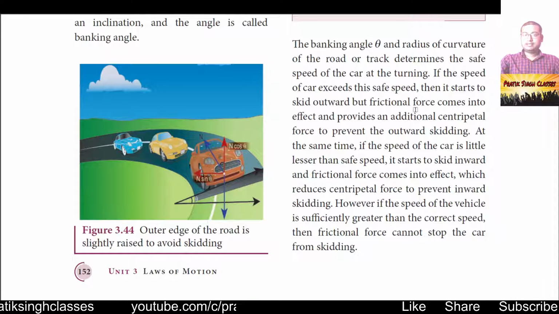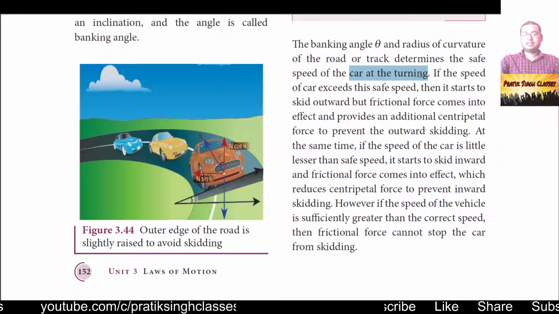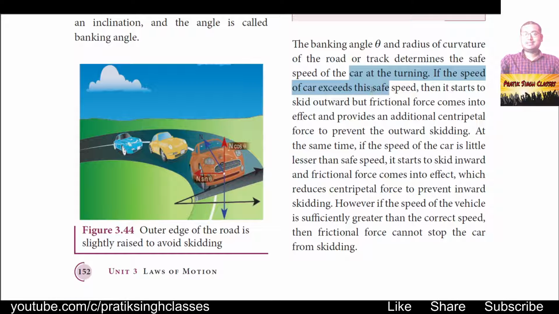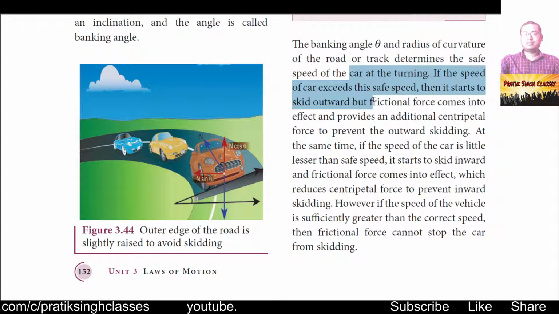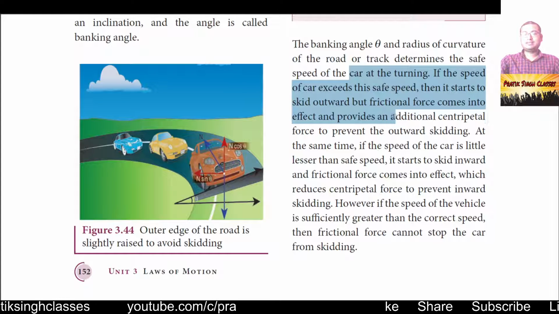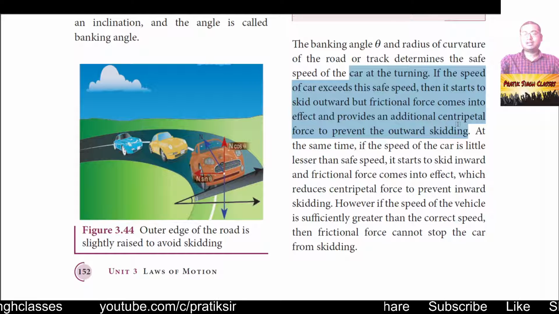The banking angle theta and radius of curvature of the road or tracks determine the safe speed of the car at the turning. If the speed of the car exceeds this safe speed, then the car starts to skid outward, but frictional force comes into effect and provides the additional centripetal force to prevent the outward skidding.